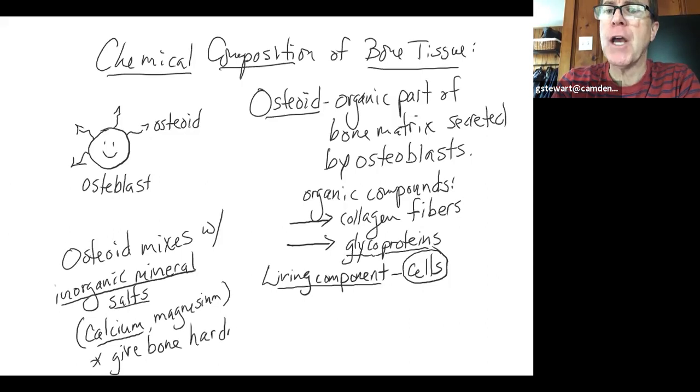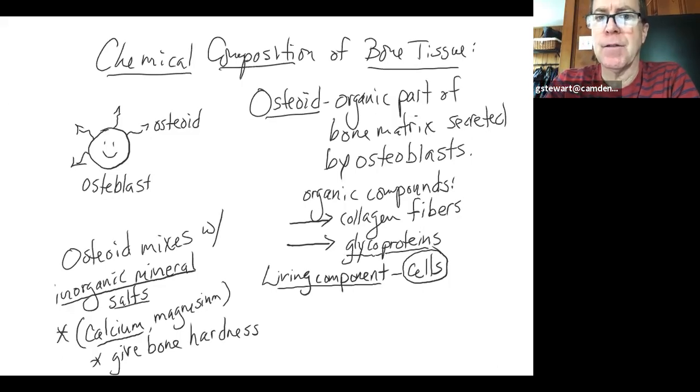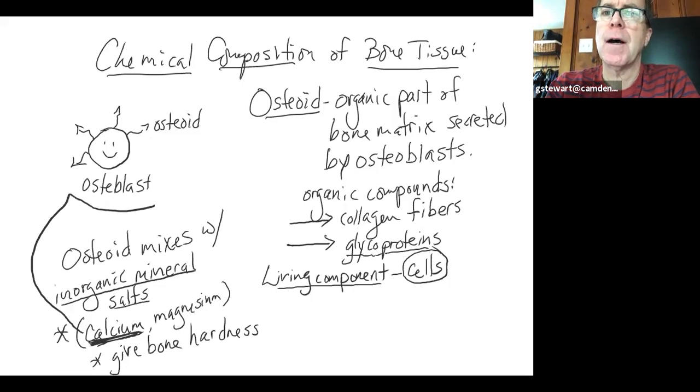So when you ingest calcium in milk or foods that you eat, you absorb that in through your digestive system. It goes to your blood, and then your blood deposits this calcium for storage in our bones. And what that deposit means is this calcium that we have eaten, ingested, gets taken and deposited in combination with this osteoid mixture that this cell is secreting.